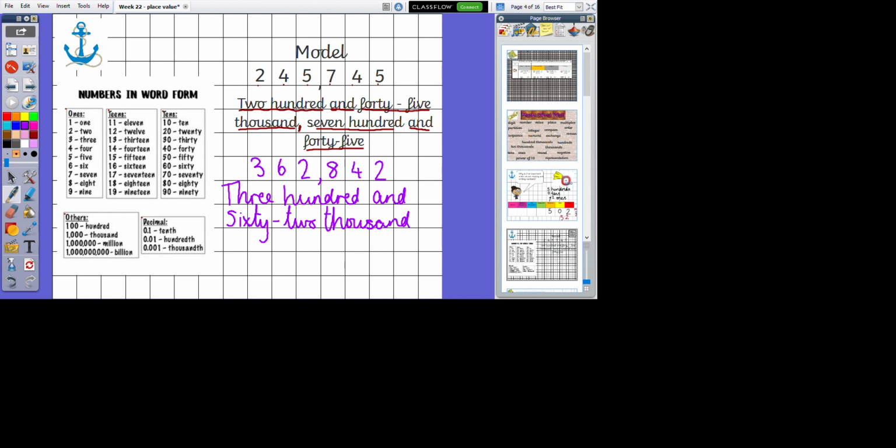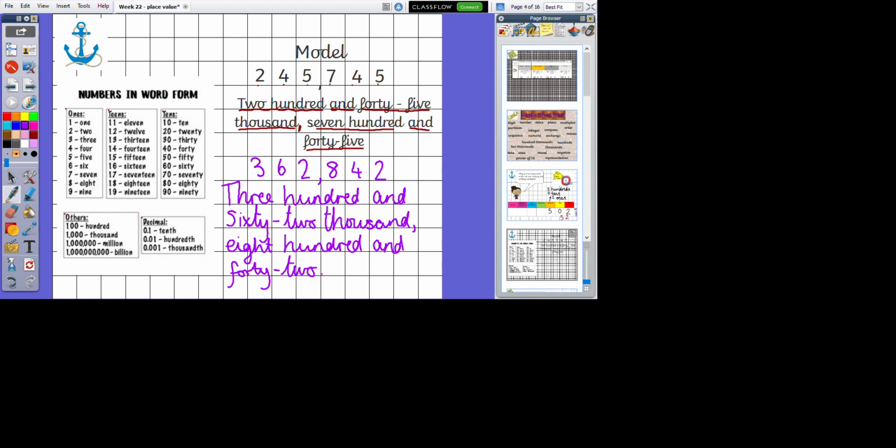Comma, 800 and 40. You need your dash again, your hyphen again even, to connect the 40 and 2.